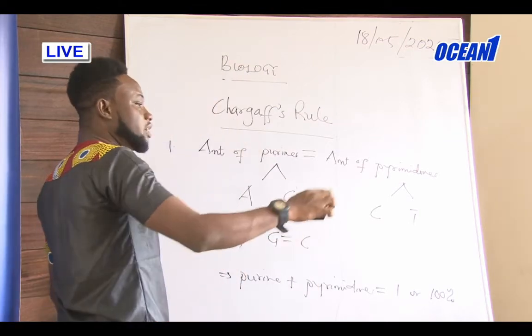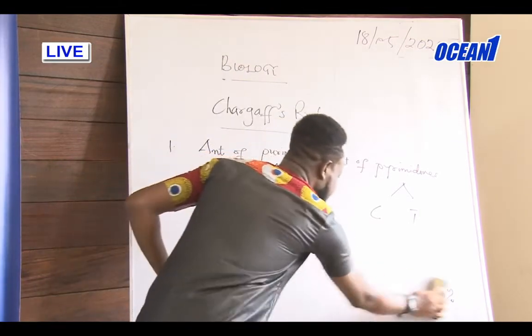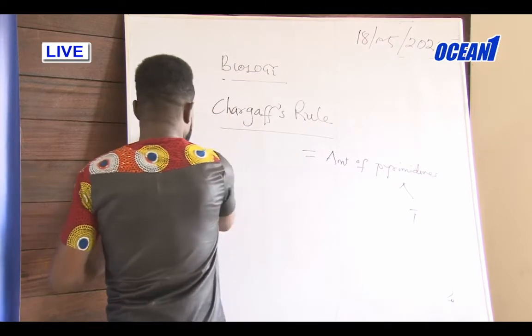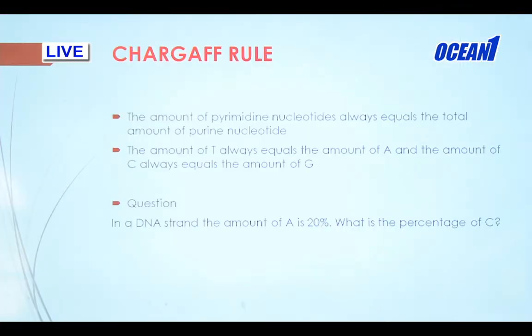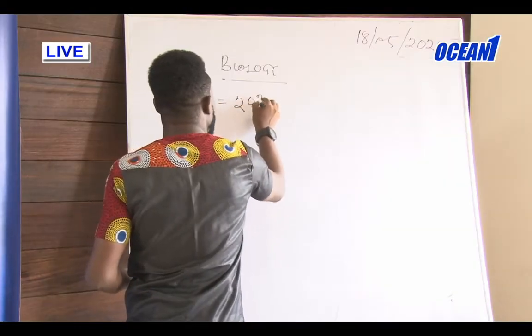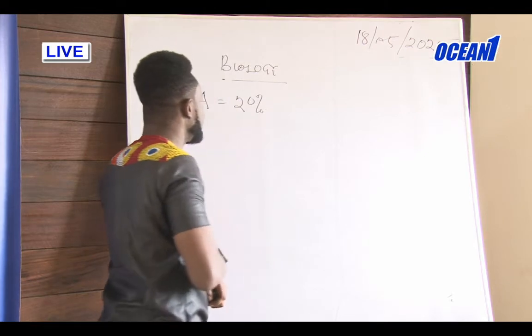Alright, so with that in mind, let's approach the question on the screen. The question says that in a DNA strand, the amount of adenine is equal to 20%.